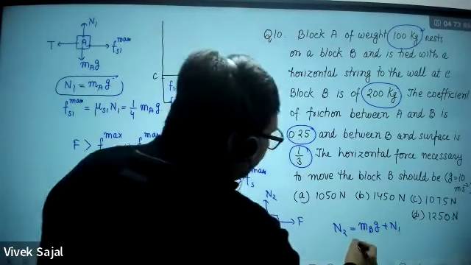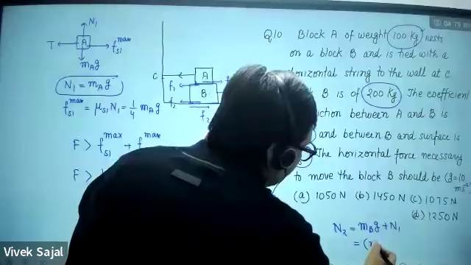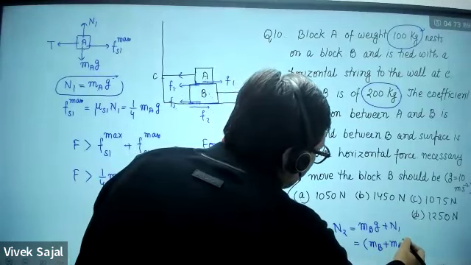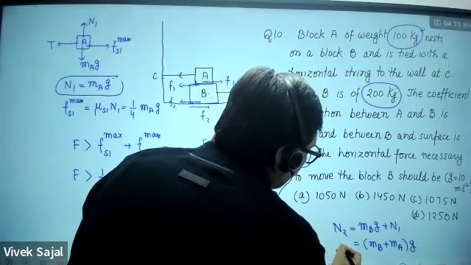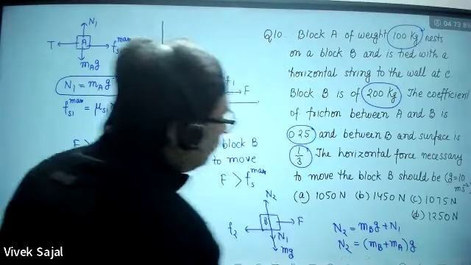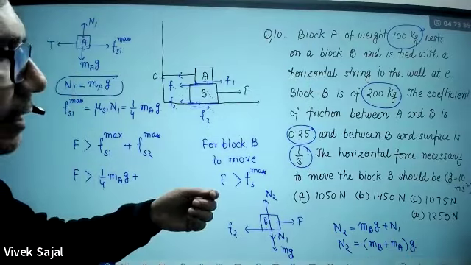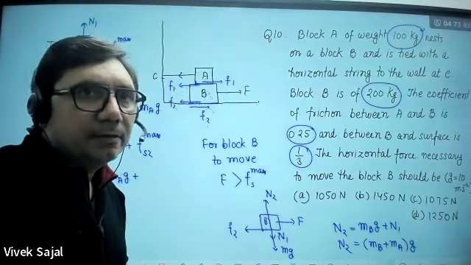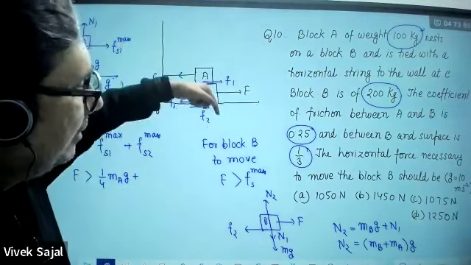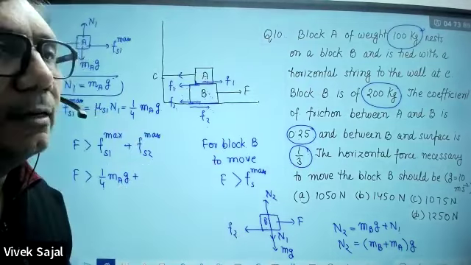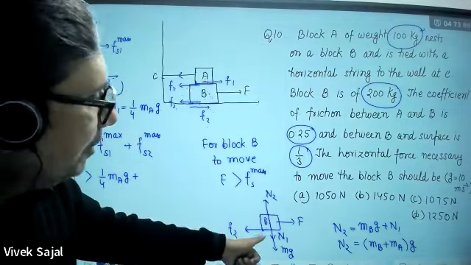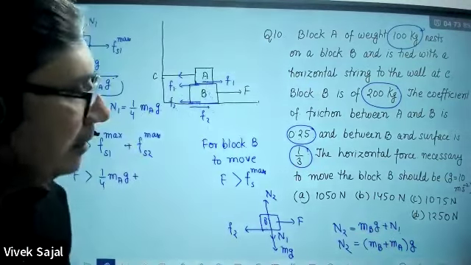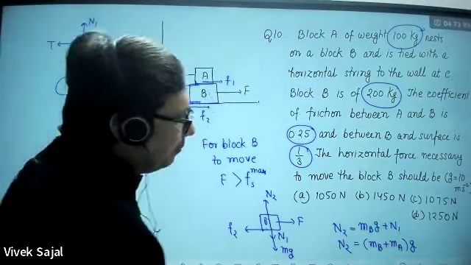So if you substitute here, this will be MB plus MA into G. This will be N2. Remember, if you look into books, they directly write MA plus MB into G. That's okay, but you should be well aware of how this comes, because this normal reaction is also acting on this block in the downward direction. So N2 will be equal to N1 plus MBG, its weight acting in the downward direction.